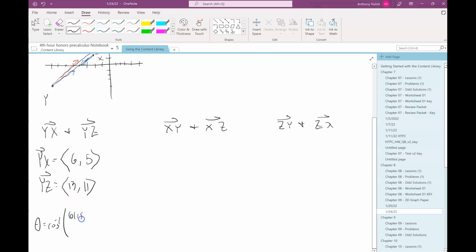So 6 times 13 plus 5 times 11 divided by the square root of 36 times 25, which is 61, and the square root of 13, which is 169, plus 11, so 121, so that's 290, I think.